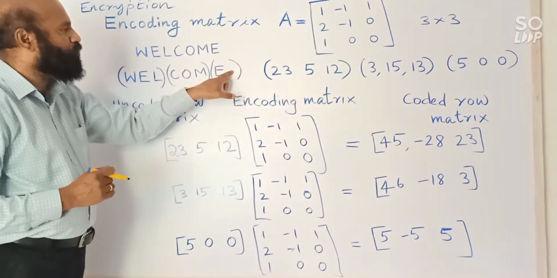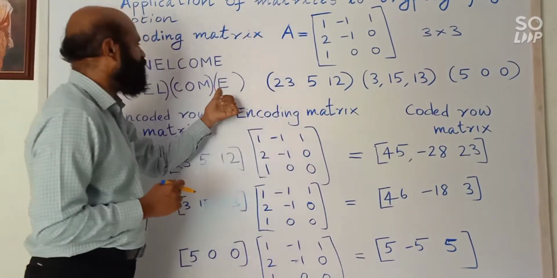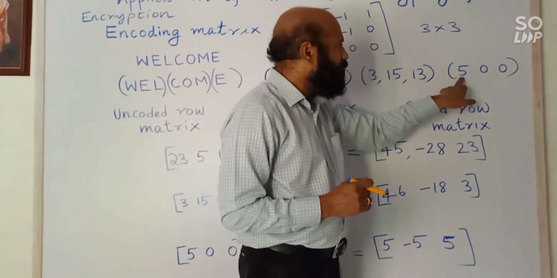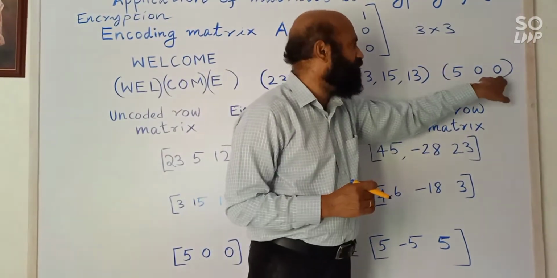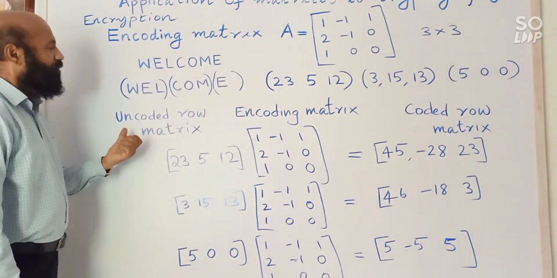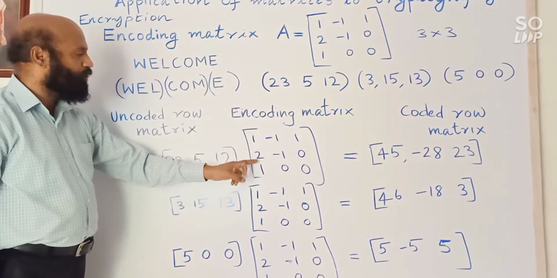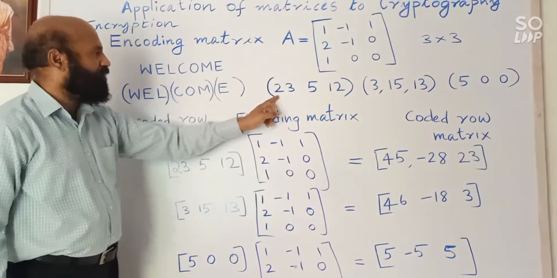Then the other 2 places we are giving 0, to make it a row matrix with 3 numbers. Next, our key is the post multiplication by a non-singular matrix. So this is the uncoded row matrix.